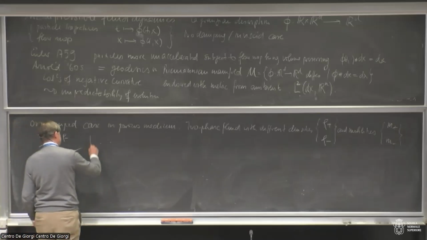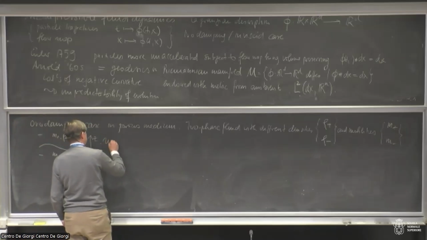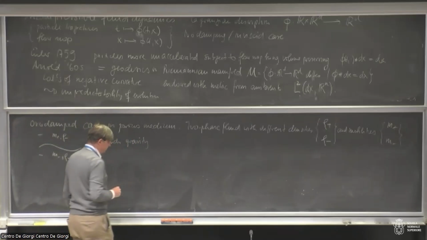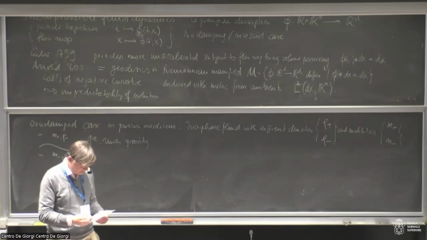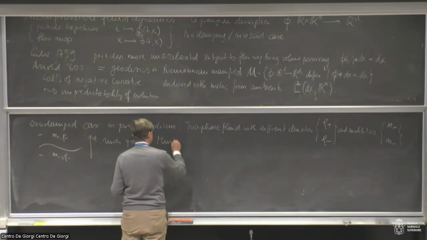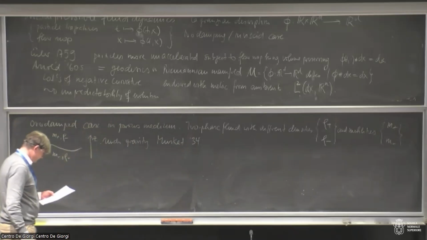And we have gravity, which acts in the negative z direction. And this is a model which has been formulated much later by Muskat, 34, if I'm not mistaken.